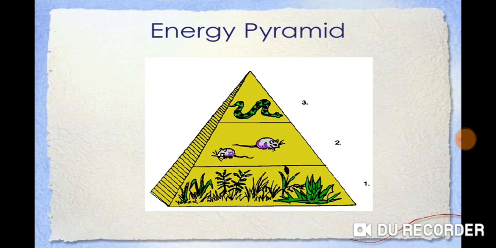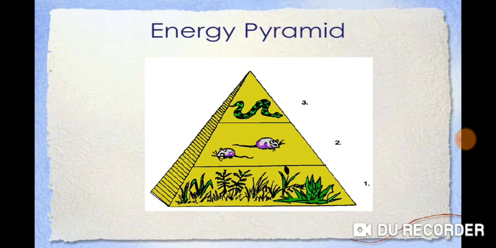So this is how a pyramid goes from many to one. Many or more at the bottom to one or few on the top. So these 3 to 4 steps are known as the trophic levels.